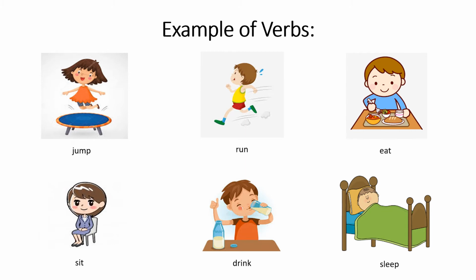And the last picture shows us a boy sleeping on a bed. So the verb here is sleep. All these words which show us what a person or an animal is doing, the action they are doing, are called verbs.